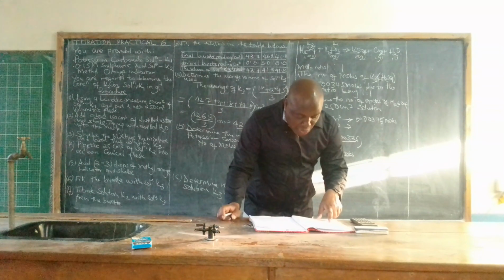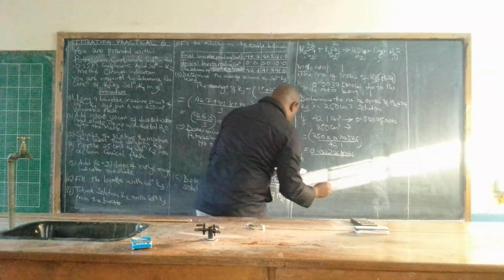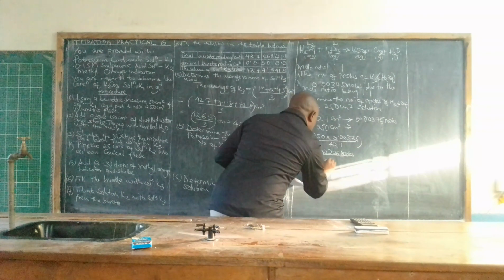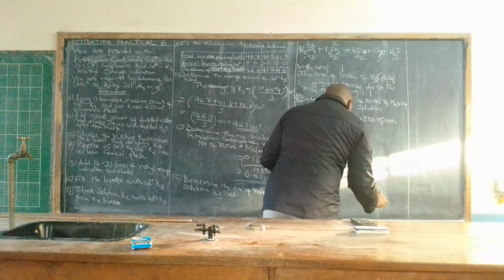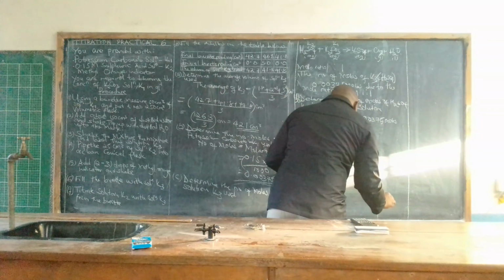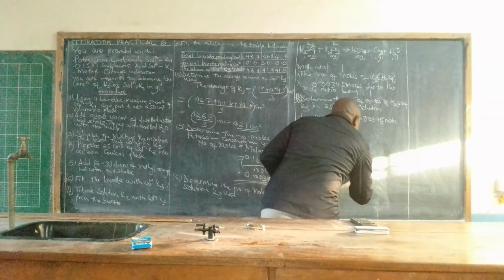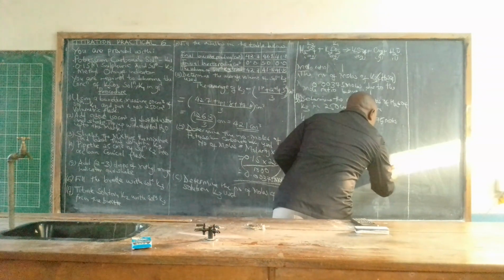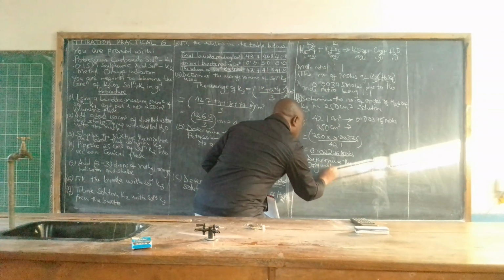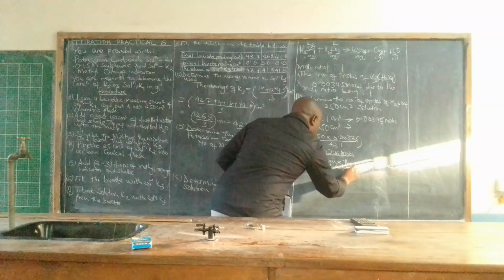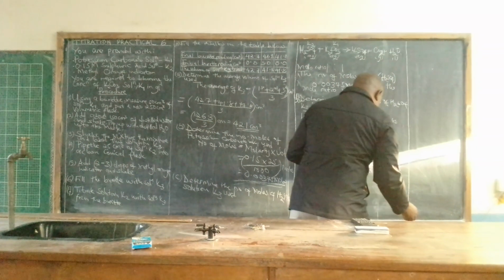We have been told to determine the number of moles of the original sulfuric acid solution K1 in 50 cubic centimeters.